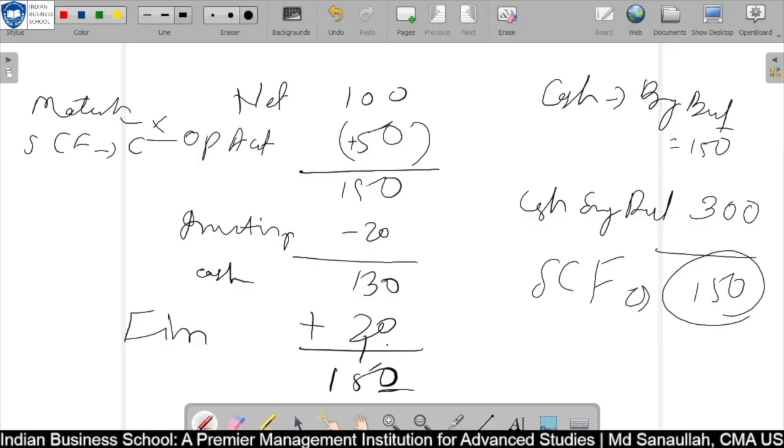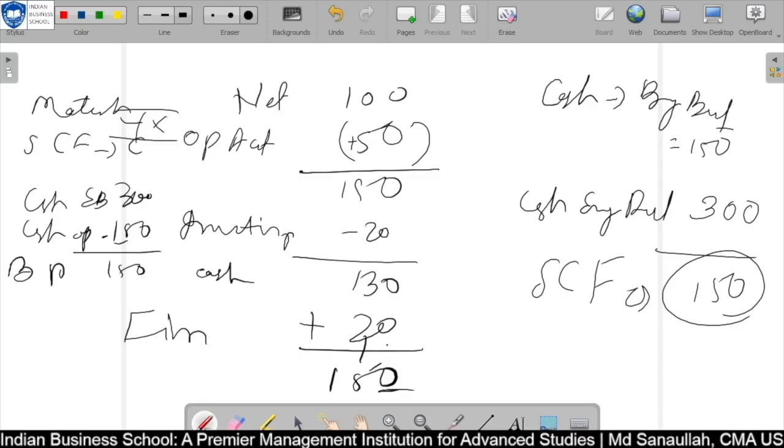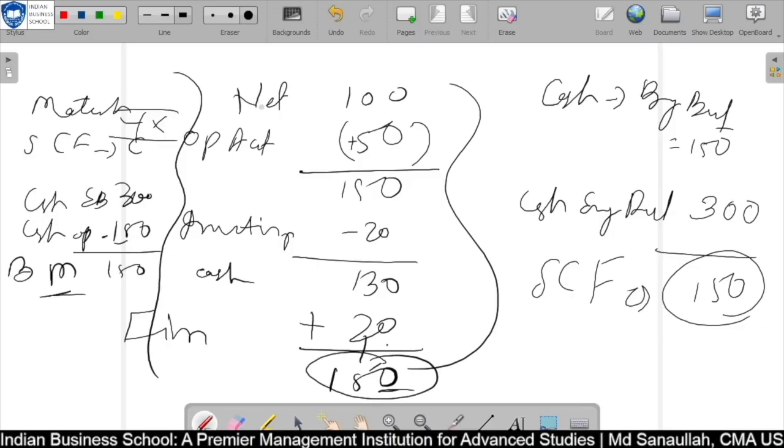How will you match? You can match only this way: cash ending balance 300, and your cash opening balance at the beginning of the period was 150. If you subtract that, you will get the balance amount. This balance amount will be the same as based on this cash flow statement. The ending balance, based on net profit, then operating activity adjustment, investing adjustment, financing activity adjustment, whatever you get as the end result, that will be the same. I hope it is clear to you.